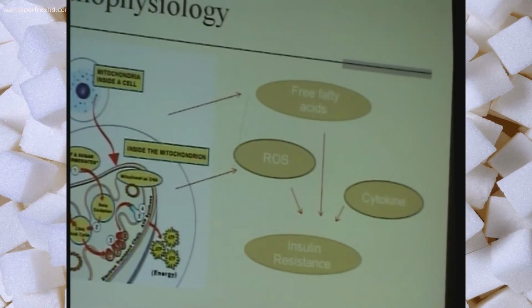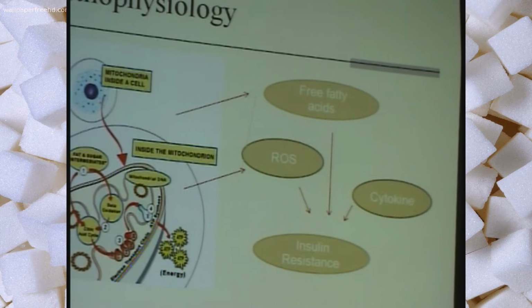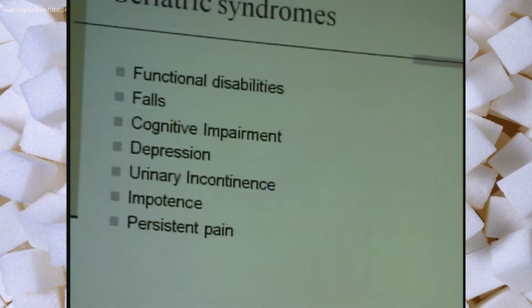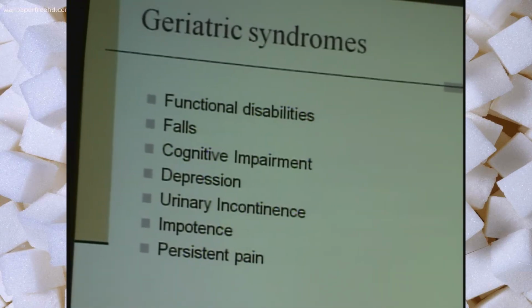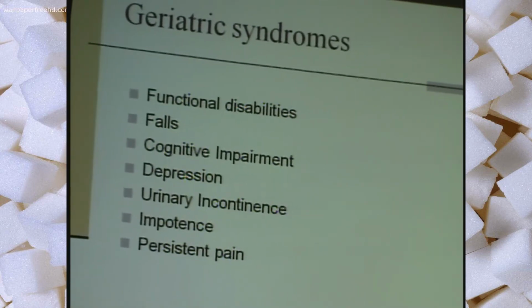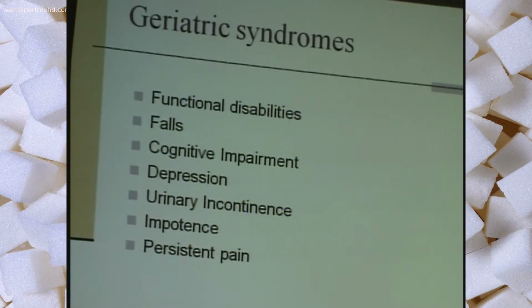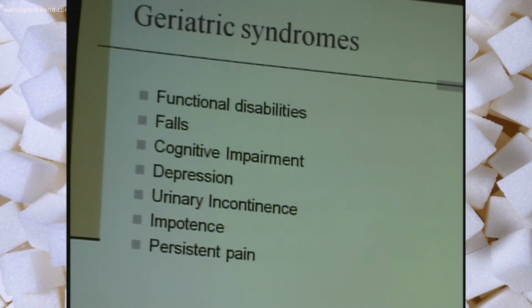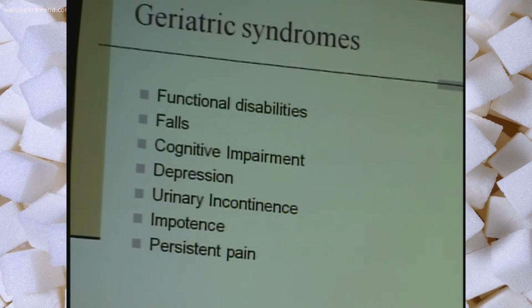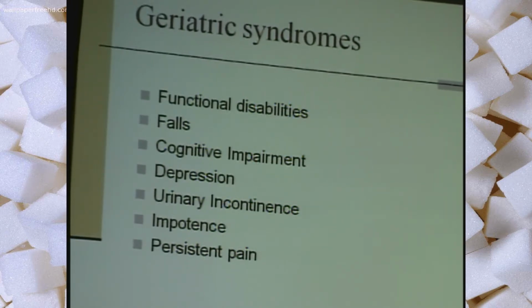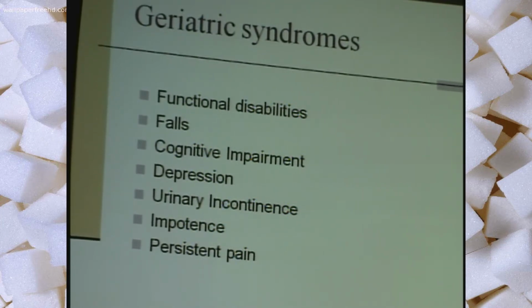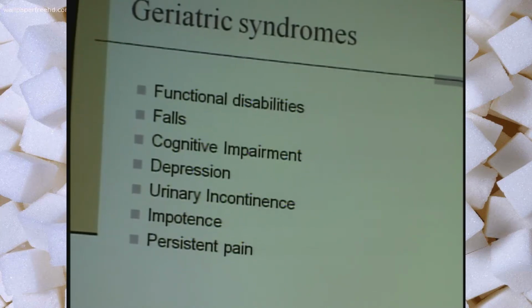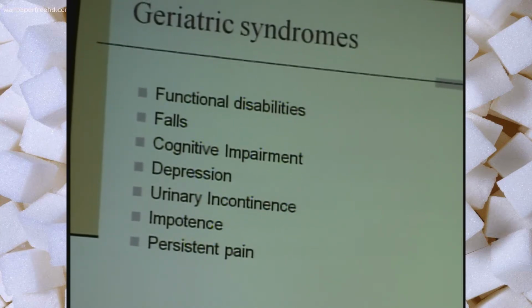And why is it important to understand all these mechanisms? Well, diabetes is the common background for most of the geriatric syndromes that we have to deal with in our patients. Long-standing uncontrolled diabetes leads to atherosclerosis, and atherosclerosis leads to functional disabilities like blindness, amputations, and amputations lead to recurrent falls.